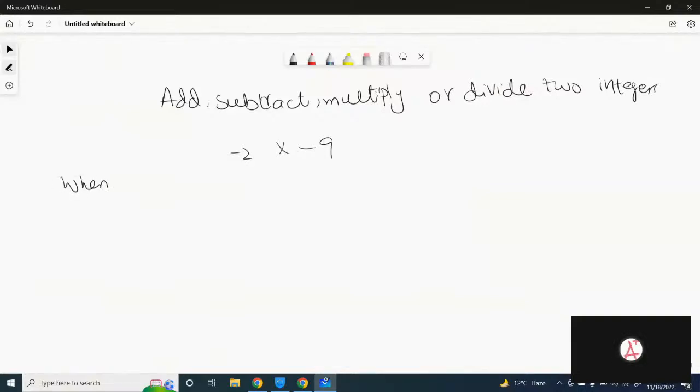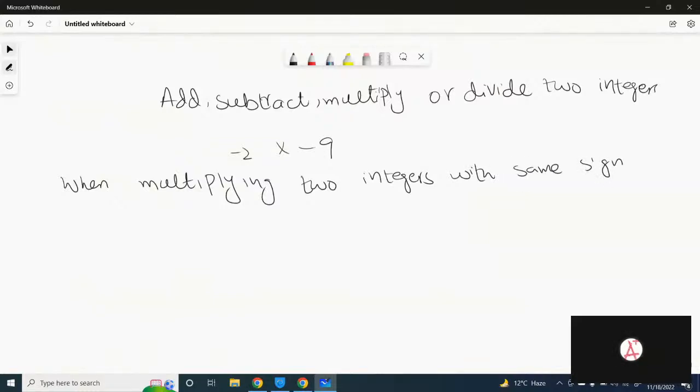When multiplying two integers with the same sign, the product must be positive.